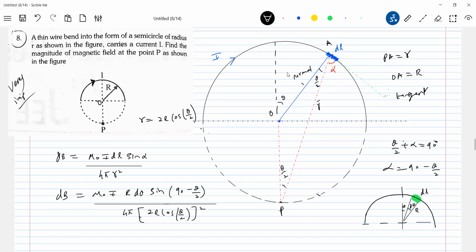So let me put the limit as minus pi by 2 to plus pi by 2. This is the theta equal to 0 degree line.